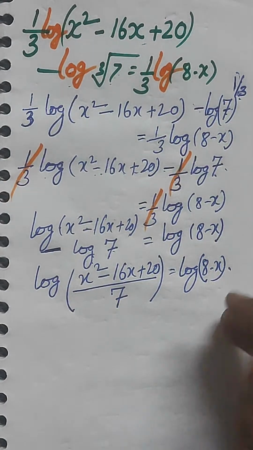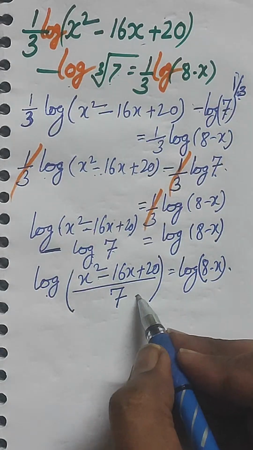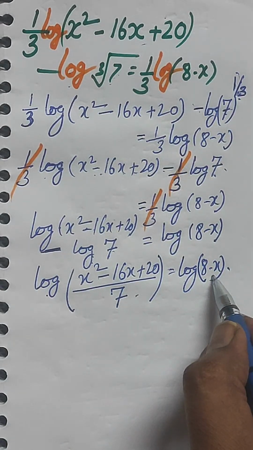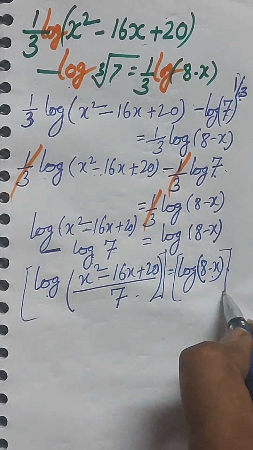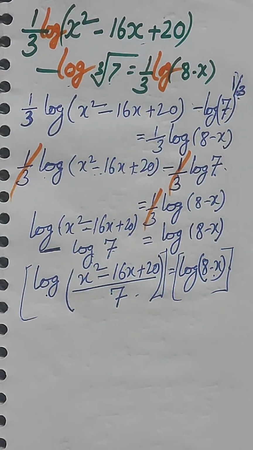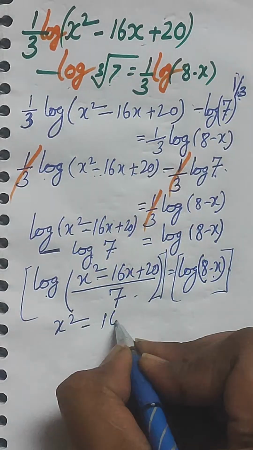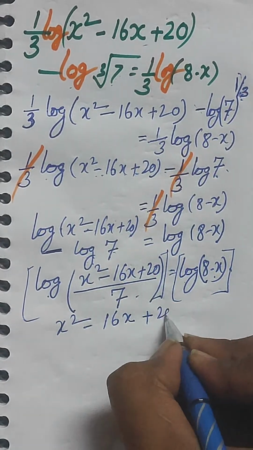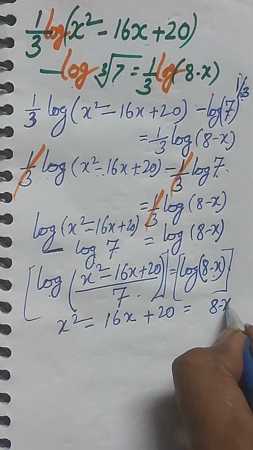Now here you can see log of x square minus 16x plus 20 by 7 on the LHS and log of 8 minus x on the RHS. Just take the anti-log and we can remove the logarithm. Then we are left with the equation x square minus 16x plus 20 by 7 is equal to 8 minus x.